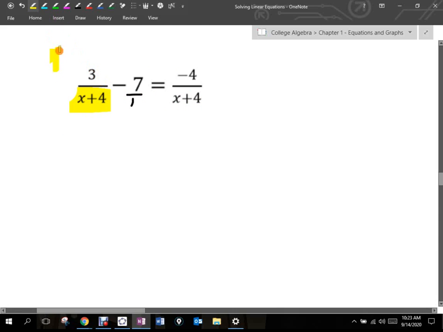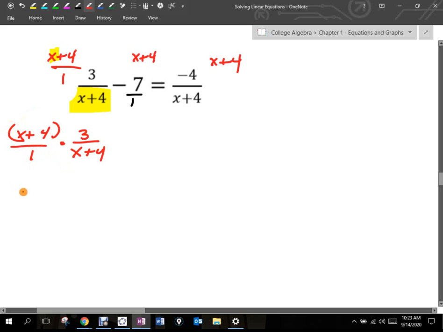So I'm going to multiply each one of these by x plus 4. And then we can start that process where, because it's x plus 4 over 1, I go x plus 4 over 1 times 3 over x plus 4. If we put those together, we get 3 times x plus 4 over 1 times x plus 4.